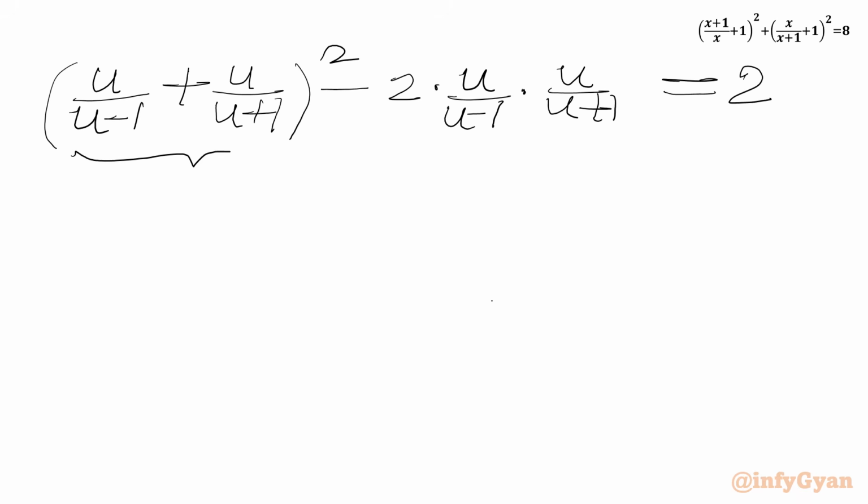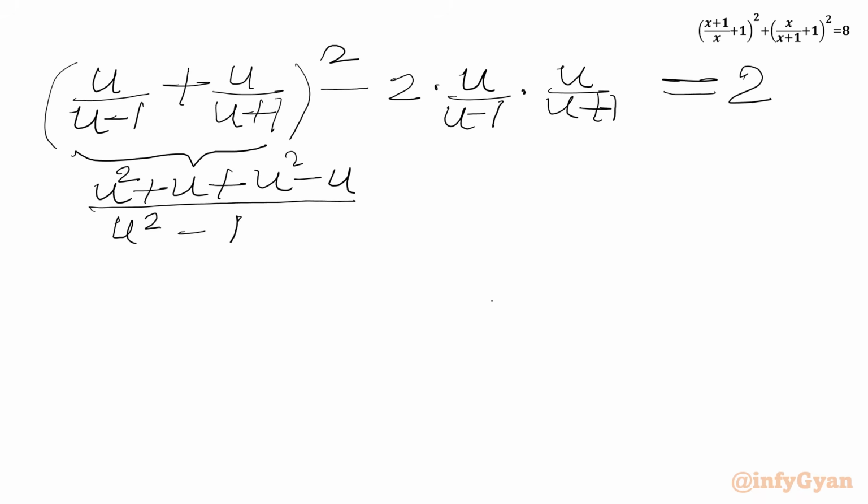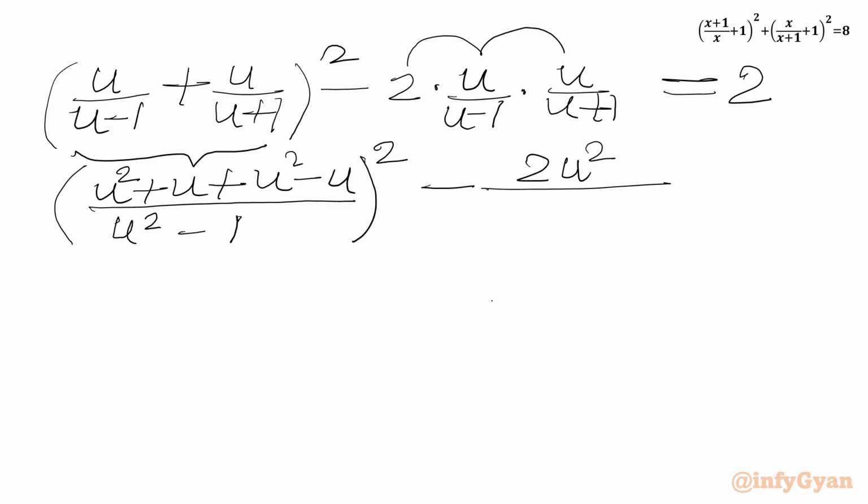Now we'll be simplifying our LHS. So we can write here u square plus u square minus u plus u in the numerator of the bracket, and denominator will be product of (u minus 1) with (u plus 1). Here we will use difference of two squares formula and write (u square minus 1) with whole power 2, minus 2 times u square, and denominator will be (u minus 1) times (u plus 1).